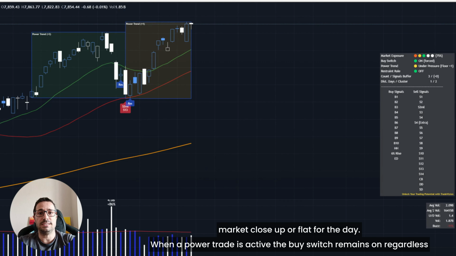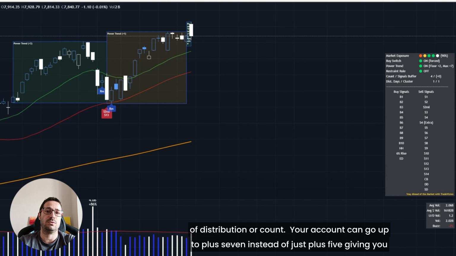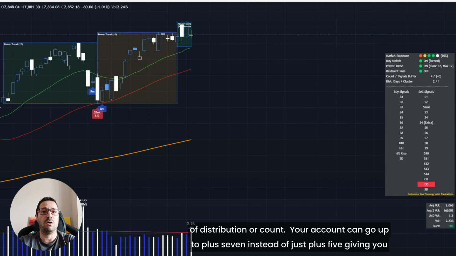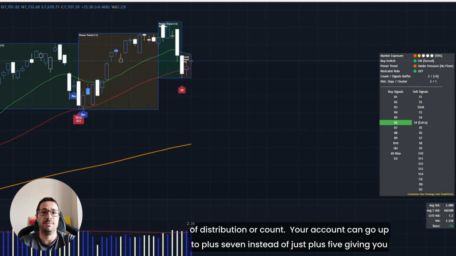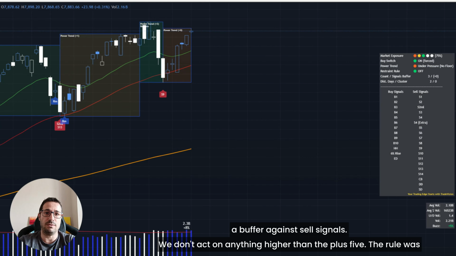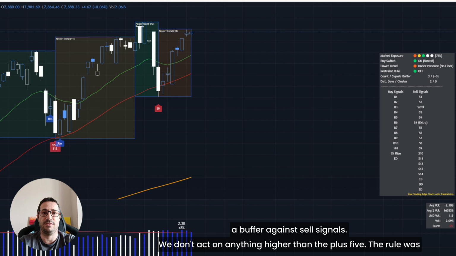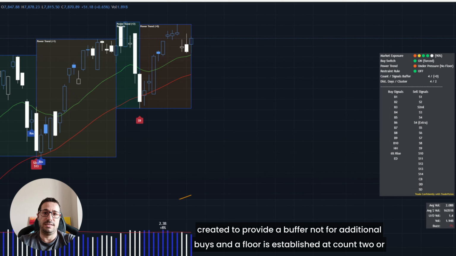When a power trend is active, the buy switch remains on regardless of distribution count. Your count can go up to +7 instead of just +5, giving you a buffer against sell signals. We don't act on anything higher than the +5. The rule was created to provide a buffer, not for additional buys.